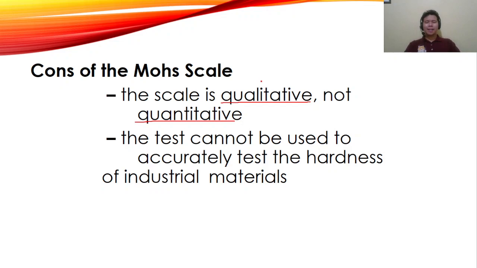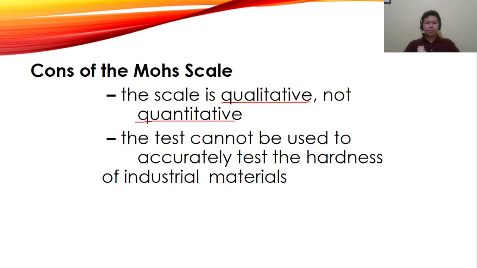When we say qualitative, we just compare that mineral A is harder than mineral B. When scratched together, if mineral B scratches mineral A without being damaged, then mineral B is harder than mineral A. So that's the qualitative aspect. But for the quantitative aspect, we cannot provide a numerical value giving its exact, accurate hardness.